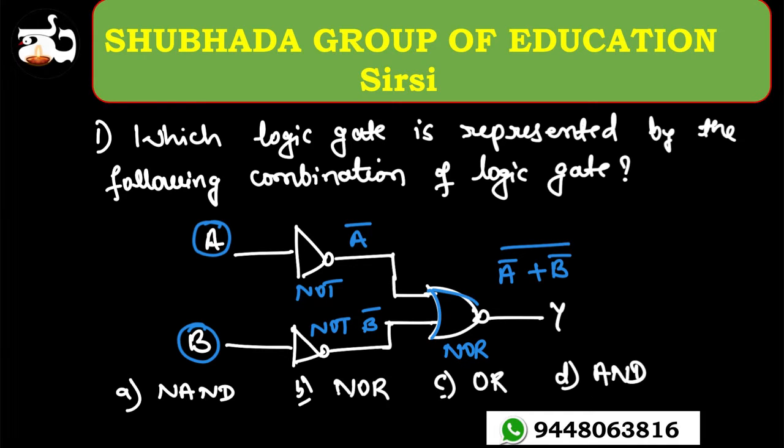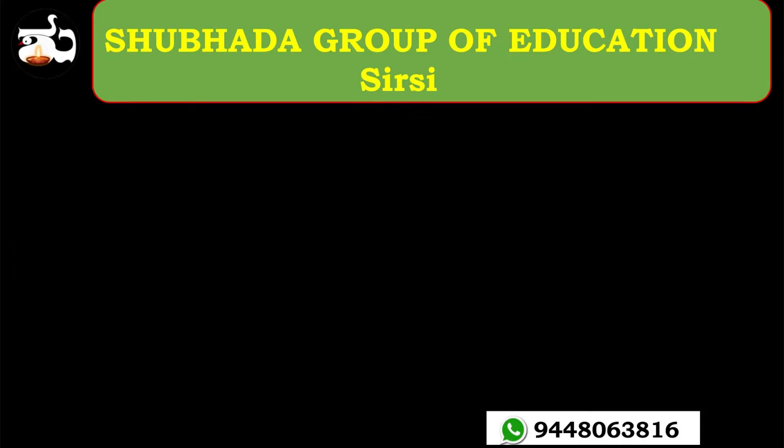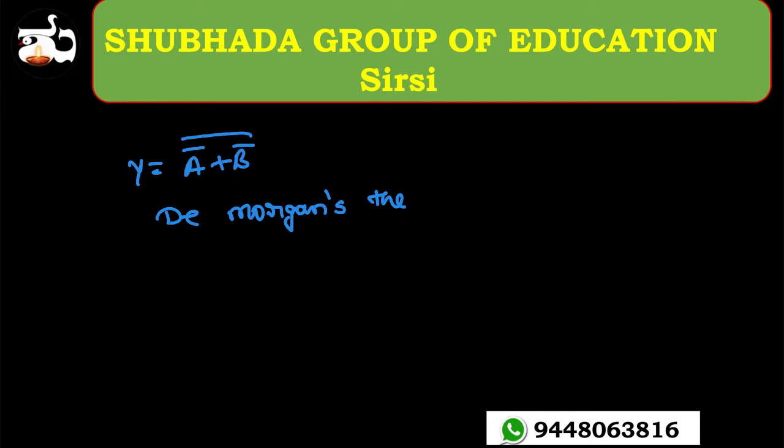Okay, so as you know, AND gate is the right answer for this question. Option D should be the right answer. As you know, the given expression is y is equal to A bar or B bar the whole bar. Suppose you use De Morgan's theorem here, what will you get?